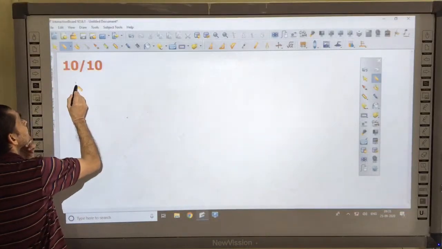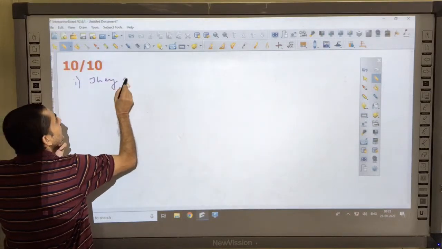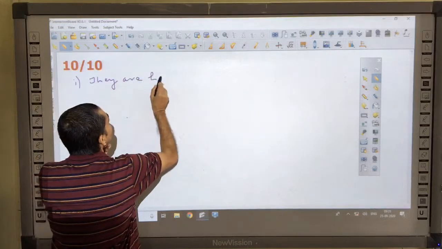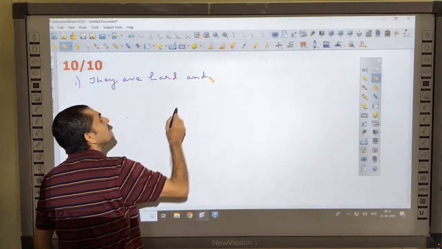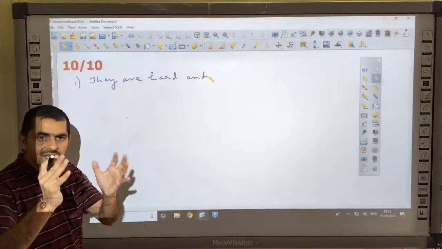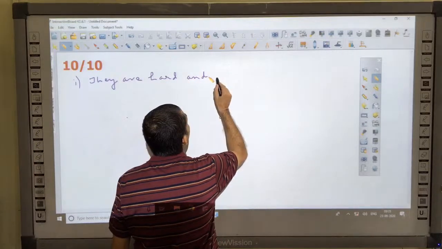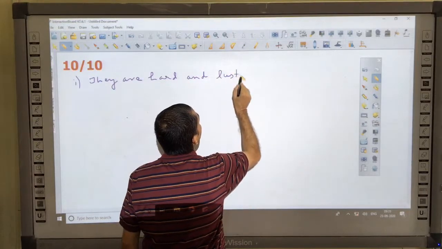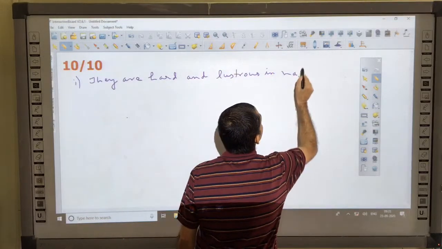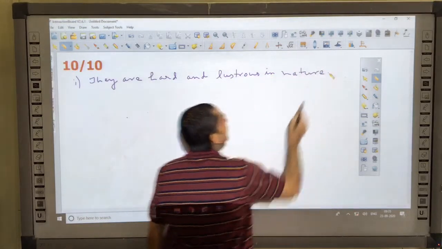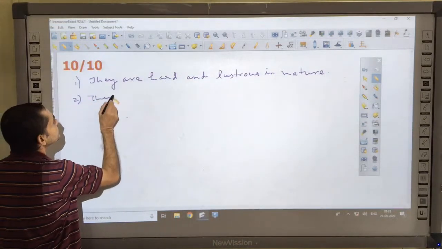Number first, all these metallic hydrides are hard and lustrous in nature. Number second, they conduct electricity.